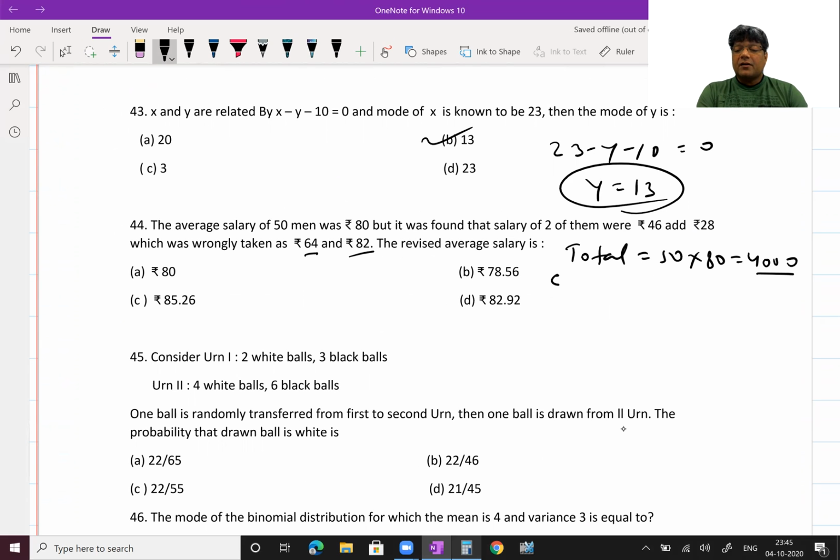So the correct total is equal to the previous total minus the wrong values, 64 plus 82, plus the right values. The right values are 46 plus 28.